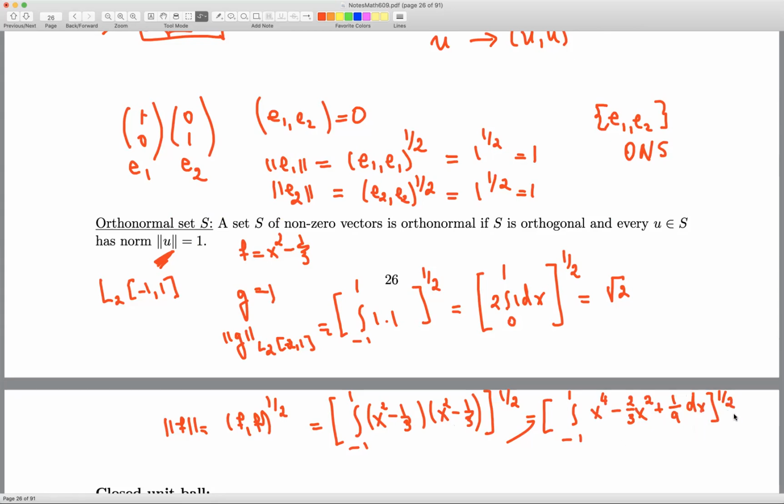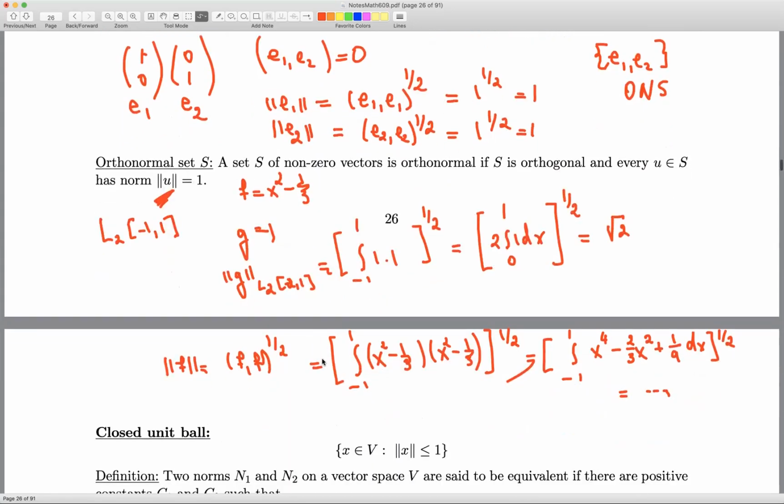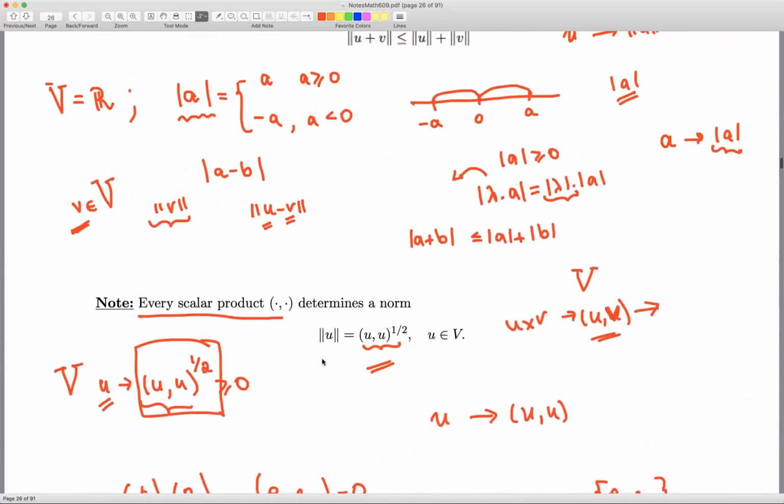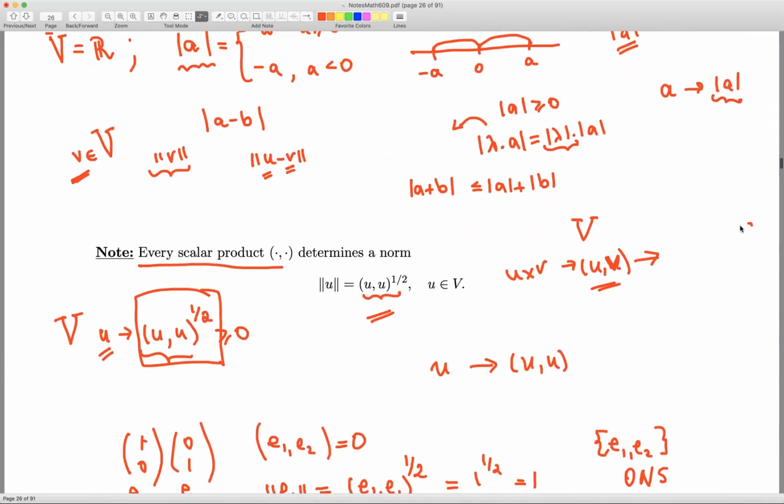This way, with the next computation, whatever the number is, this will be the norm of this function. Now, for the general case, if we have an element U, let me put it here.